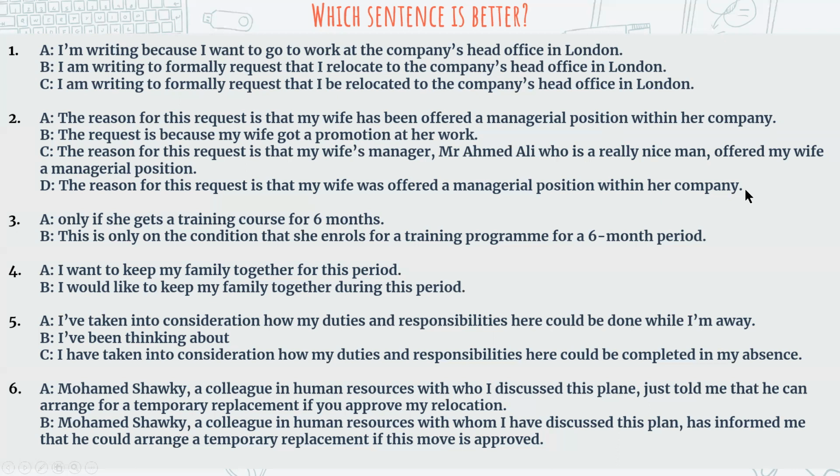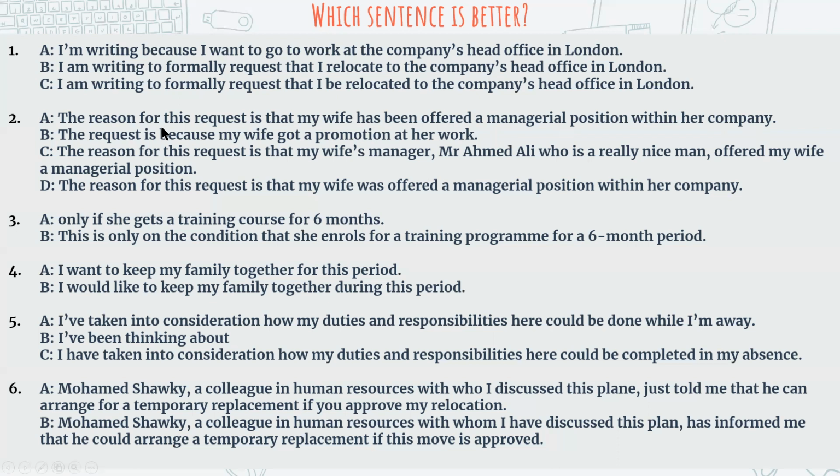Let's take a step back and try to think about it. The first one, the reason for this request is that my wife has been offered a managerial position within her company. Okay. This is a good one because it uses the passive. Of course, because your wife's manager did this, he offered her a position. So we use the passive, has been offered.